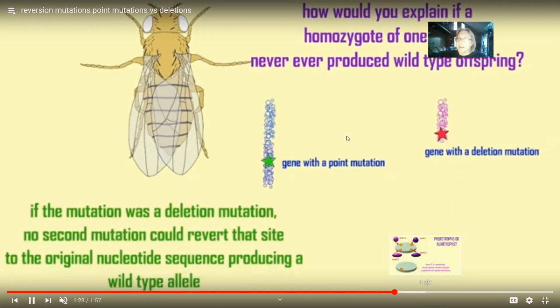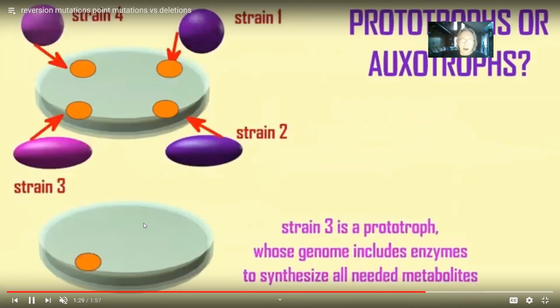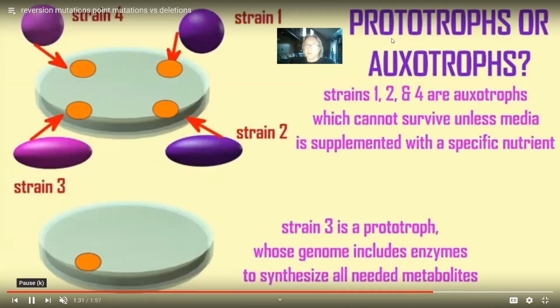But if you're looking at bacteria, you can easily screen millions, billions of bacteria. And so there are different types of mutations in bacteria. So you can have prototrophs, which can make their own nutrients, or auxotrophs, which are mutated versions of the prototrophs.